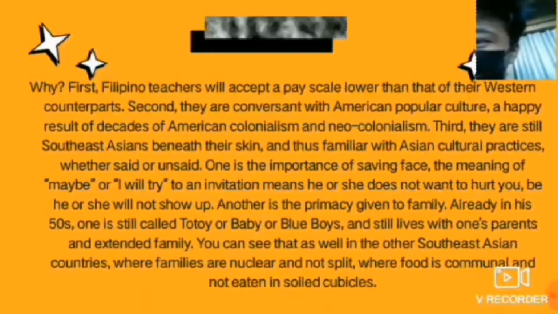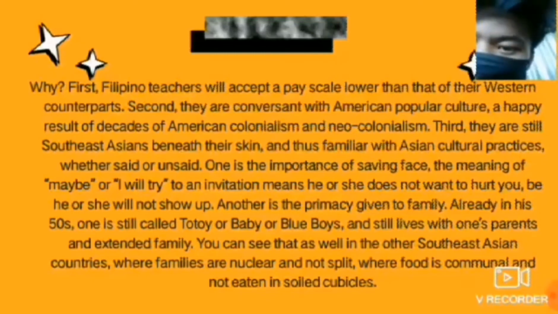Why will Filipino teachers accept a pay scale lower than that of their Western counterparts? First, they are conversant with American popular culture, a happy result of decades of American colonialism and neocolonialism.